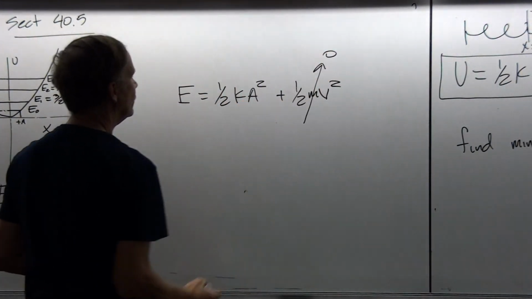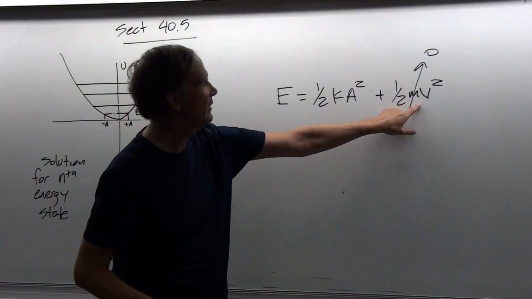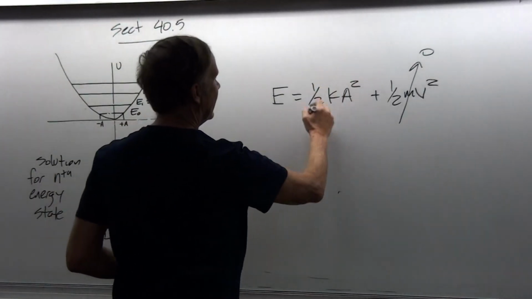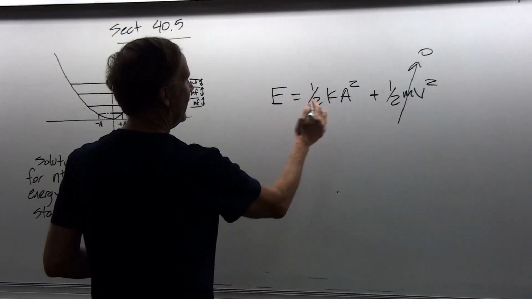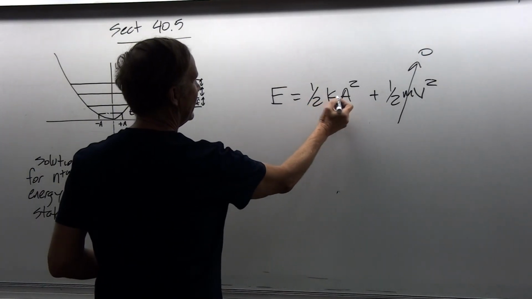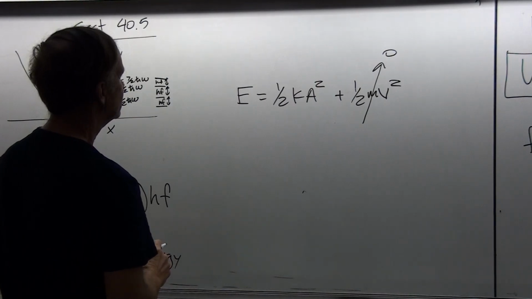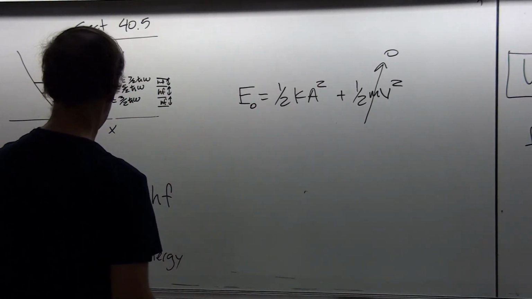But at the turning points, we're going to be going between plus or minus A, and at that point the velocity is equal to 0. So what we have here then is an expression for 1/2 ka squared, which can be written directly in terms of the energy of the 0 point energy.